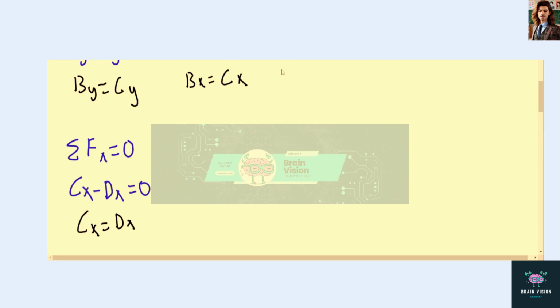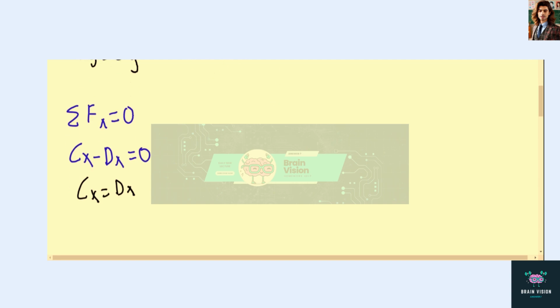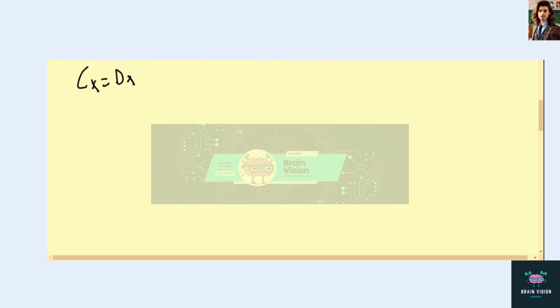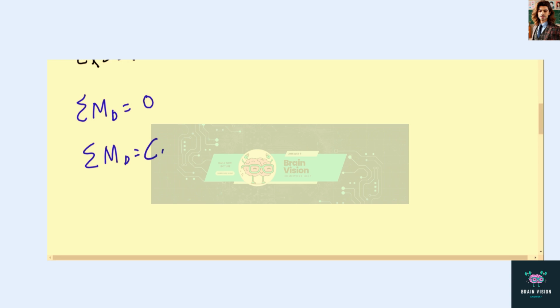So we're now going to take the sum of moments about the point D on the nut. The sum of moments about the point D is equal to 0, which we can also write as: the sum of moments about the point D is equal to C of x times 1.125.